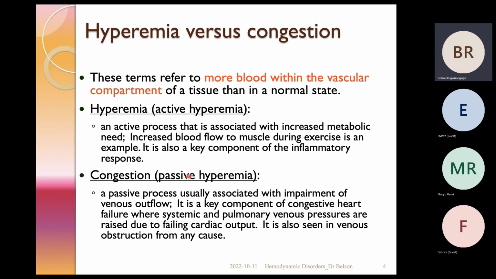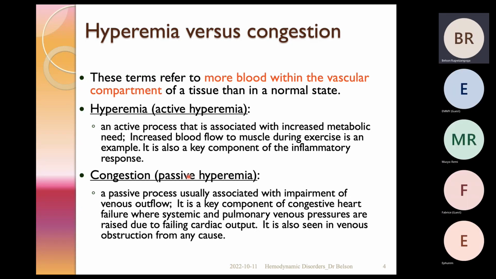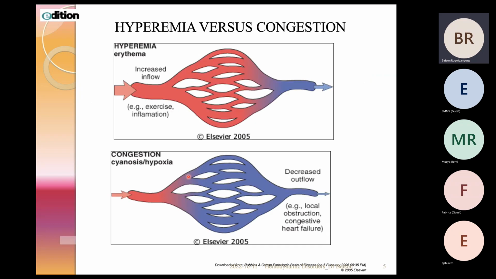And here you can understand that for hyperemia, there is an increased inflow. For congestion, there is something which prevents the blood from returning to the heart. So in that case, the blood will be stagnant inside the venous system. So that is the main difference.